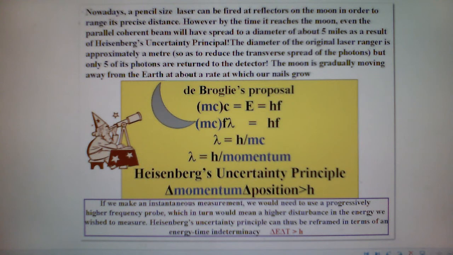So although we increase our precision of position, we produce more uncertainty relating to how the particle will subsequently move, or its momentum. It can also be re-expressed as an uncertainty of energy times the time period over which it is measured cannot be equal to or less than Planck's constant.